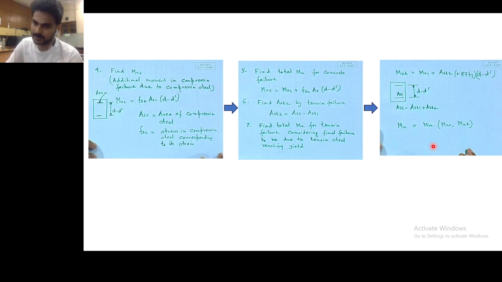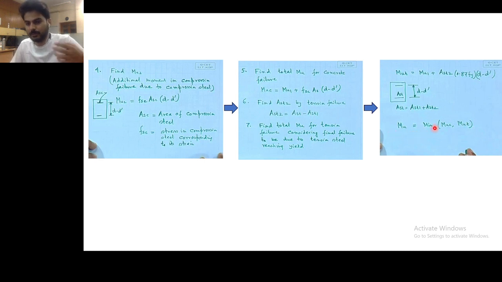Because if that moment is coming on the beam, it will be on the safer side. And if we mention the higher one, then it can fail, because it can fail in compression also. If MUC is lesser than MUT, that can happen, so we will always report the minimum one.